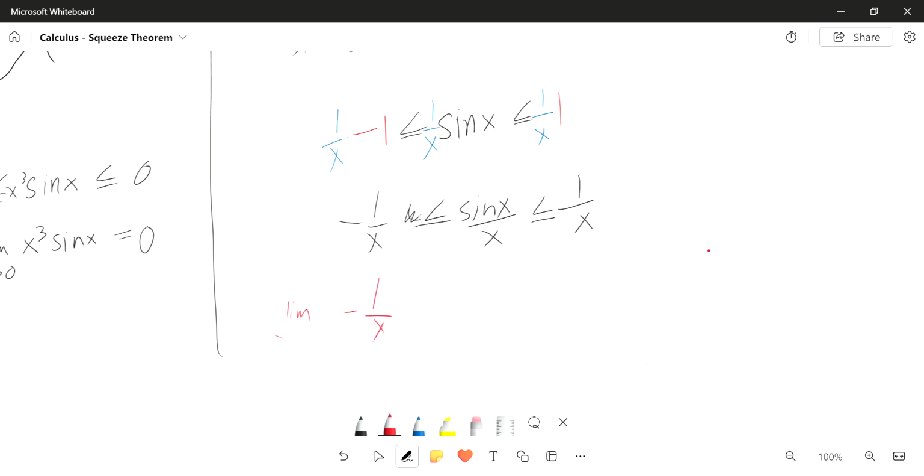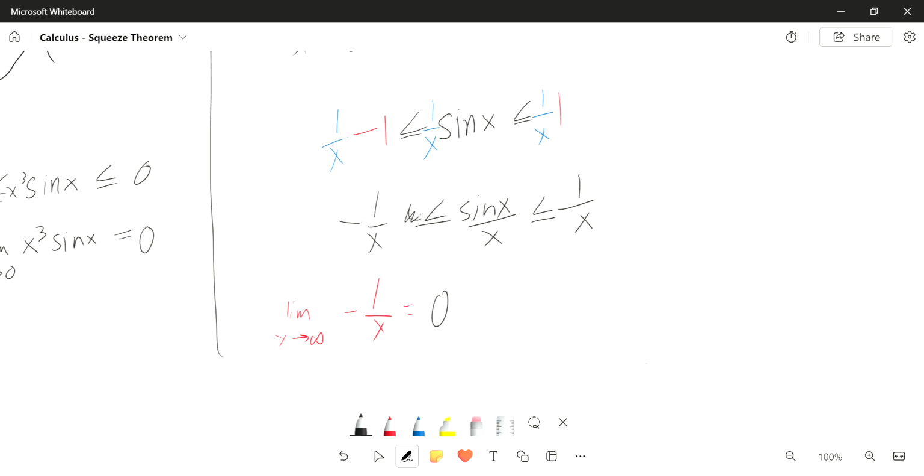So for negative 1 over x, it would mean that the denominator is constantly getting bigger since x approaches infinity. But a larger denominator means that the actual fraction itself is smaller. So as your denominator keeps getting bigger, your numerator is the same. So the fraction itself is getting smaller and smaller until it reaches 0.